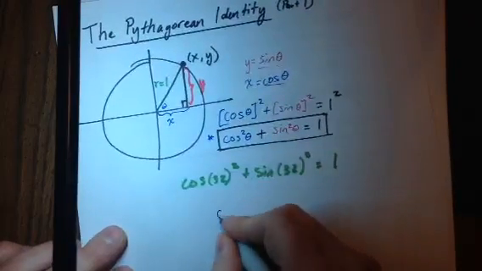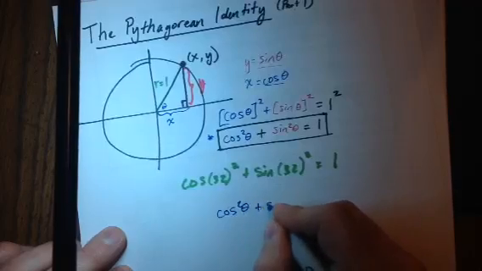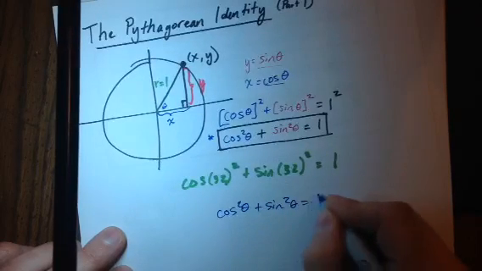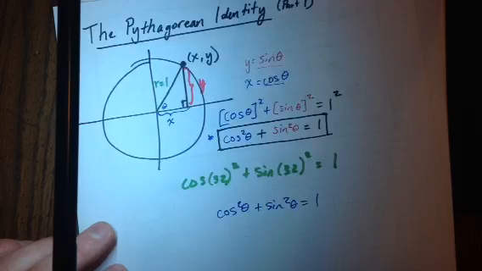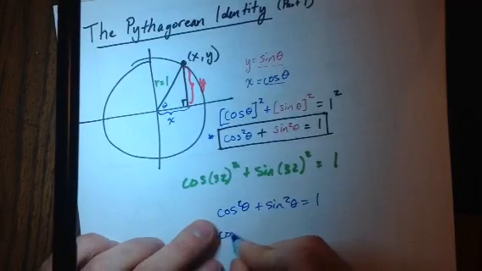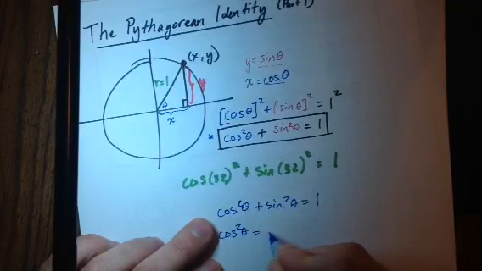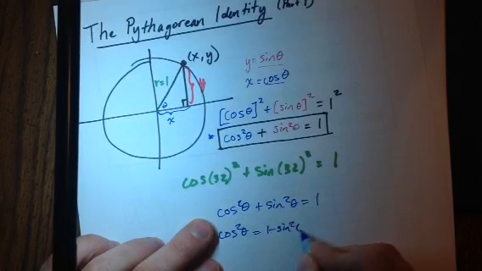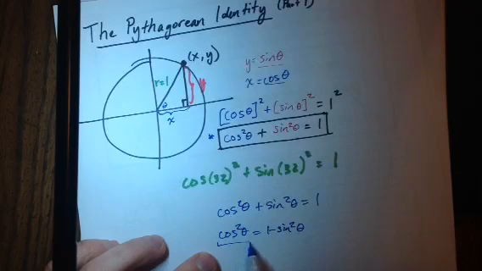I mean, if cosine squared theta plus sine squared theta equals 1, I could rearrange this a little bit. I could get cosine squared theta equals 1 minus sine squared theta, and maybe I could replace this in the equation with this. That'd be a great idea. You could.